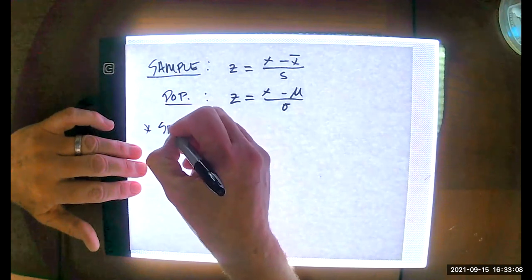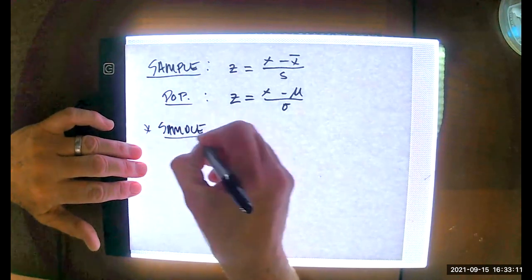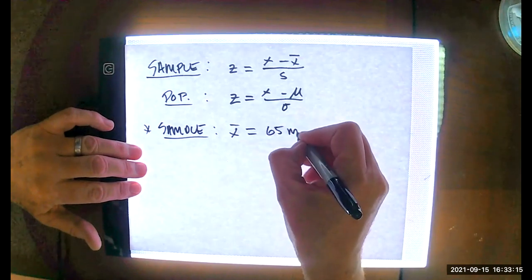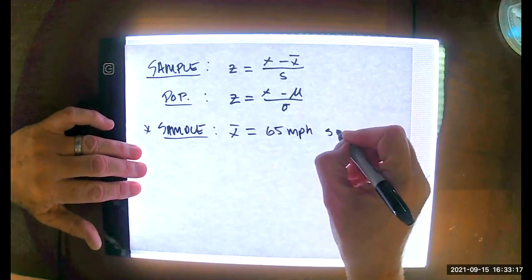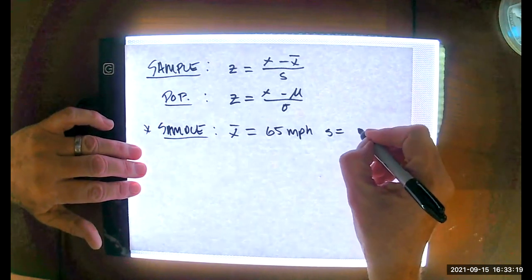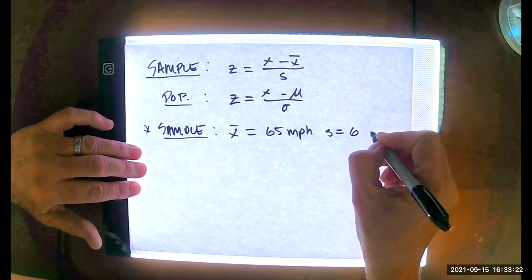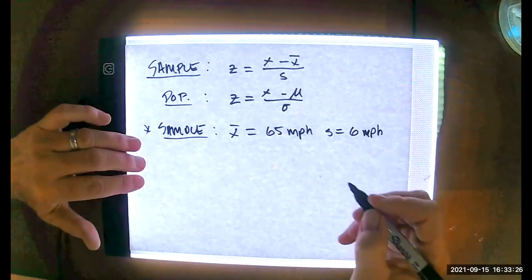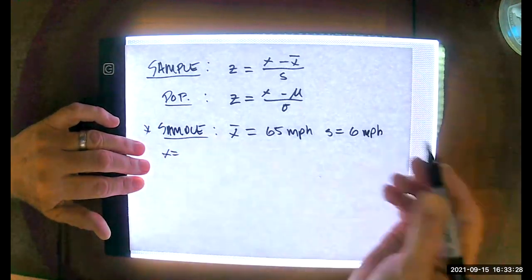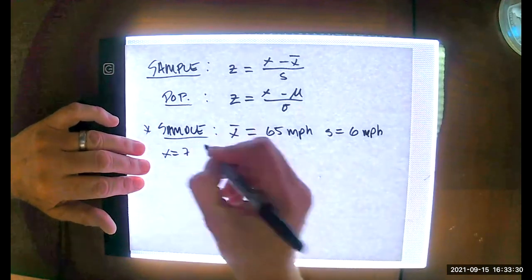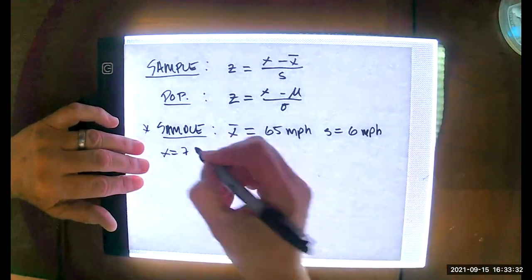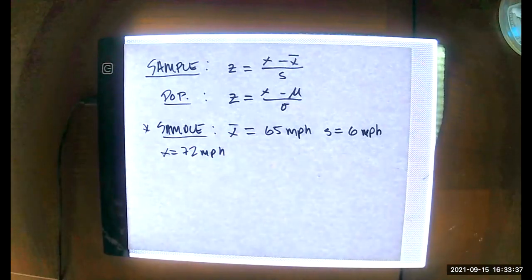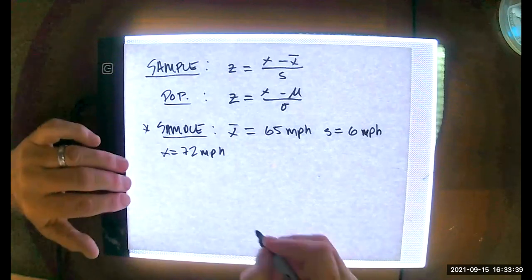So we have a sample. Maybe we're measuring vehicle speed, 65 miles per hour, with a standard deviation of, oh, I don't know, 6 miles per hour. Suppose my speed is 72 miles per hour. Do we have a Z-score here? We certainly do.